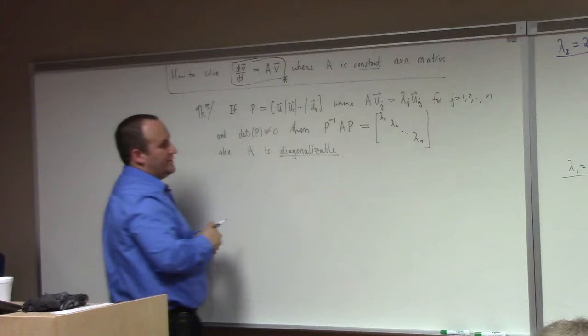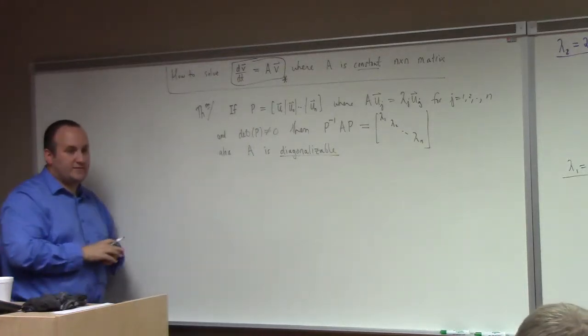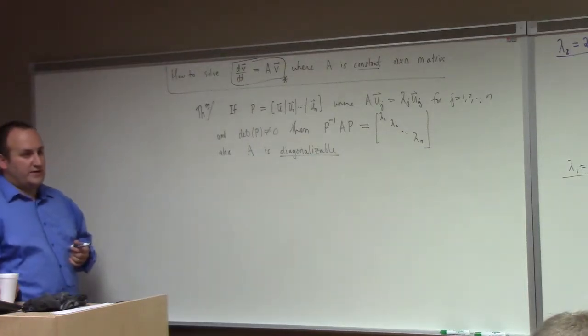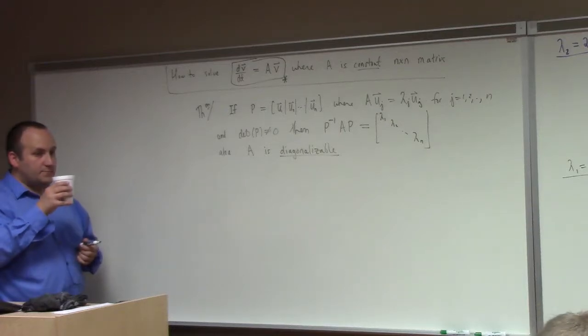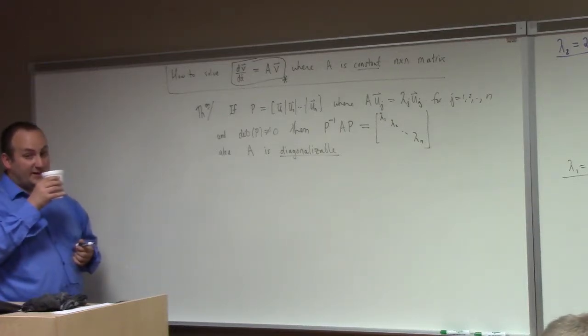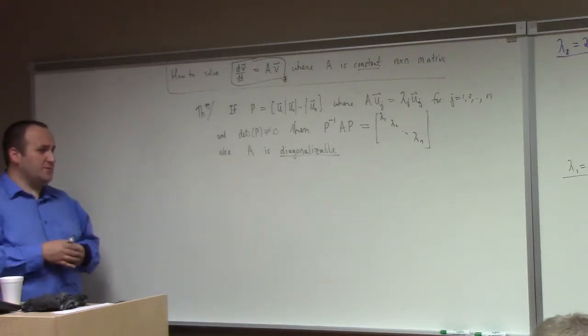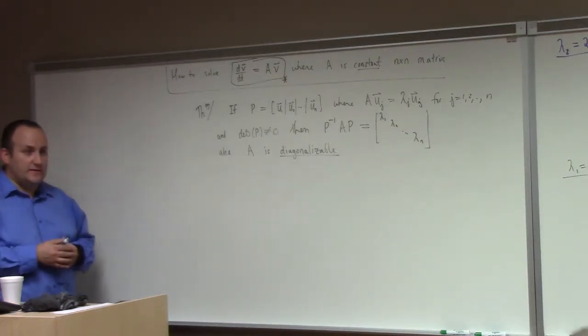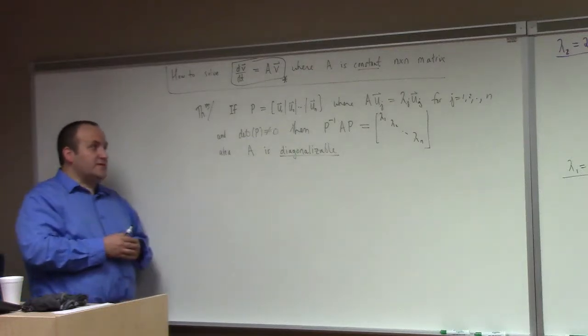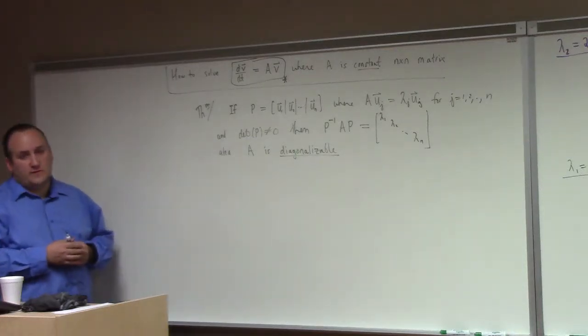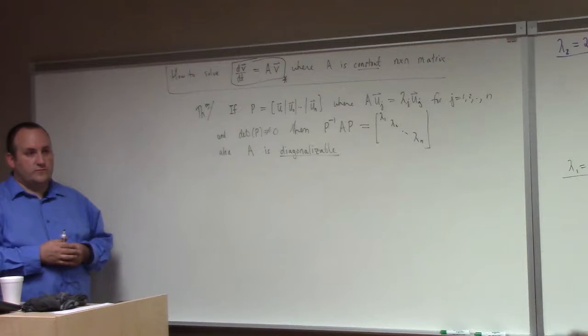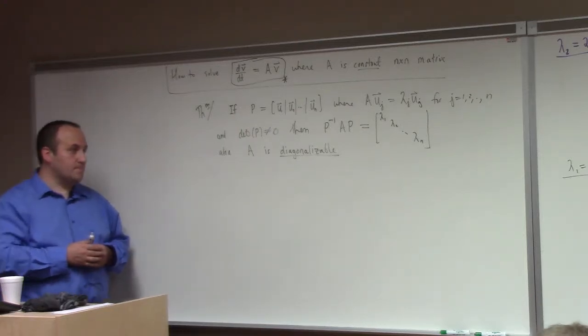A matrix is diagonalizable if a similarity transformation, really a coordinate change of sorts, can turn the matrix into a diagonal matrix. Not all matrices allow this, but when it does, it's precious and special and nice. And for those kinds of matrices, the solutions I've been showing you so far will fill out the general solution.